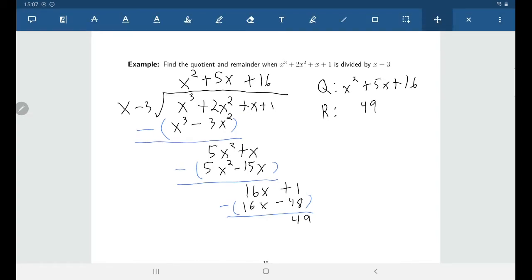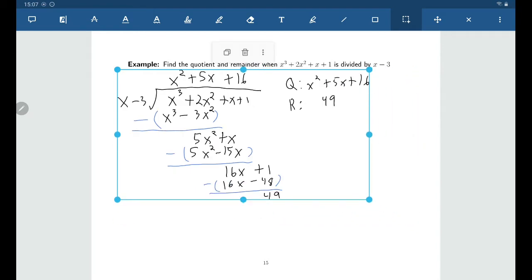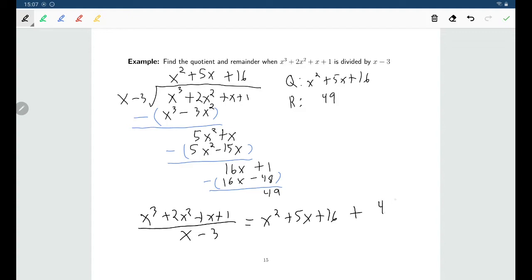So I'm going to make that a little bit smaller so that I can fit it all in. I could say that x cubed plus 2x squared plus x plus 1 divided by x minus 3 is our quotient, plus the remainder over our divisor. So there we go. We found our quotient and our remainder using long division.